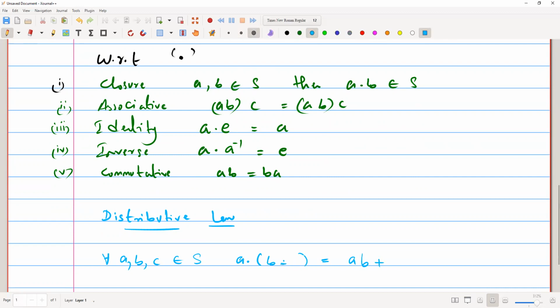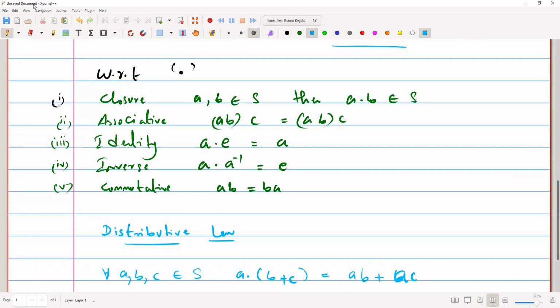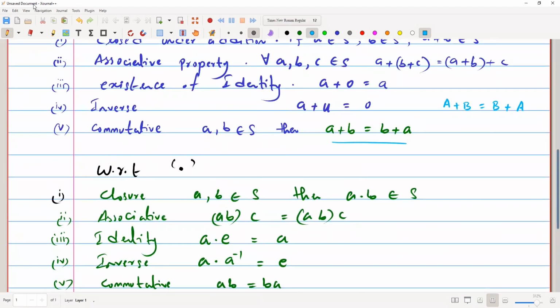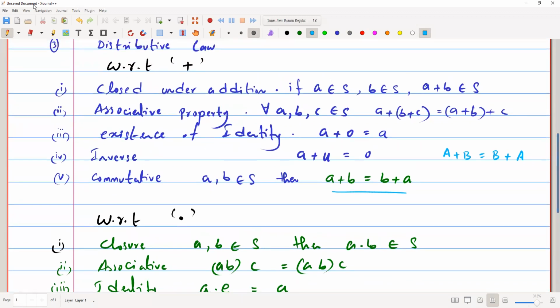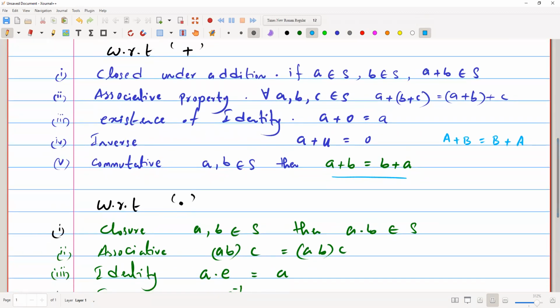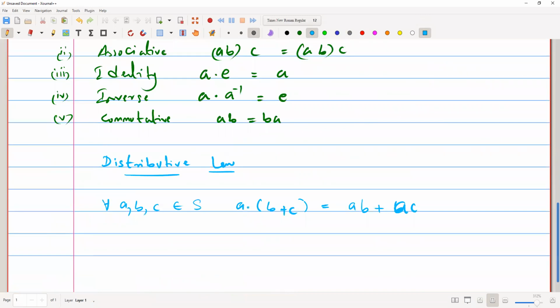Because we are considering A, B, and C, so it's AB plus AC. So this is the distributive law. Now, if any structure follows these axioms, we call it a field. So if these 11 properties are satisfied by a structure, then we call it a field.